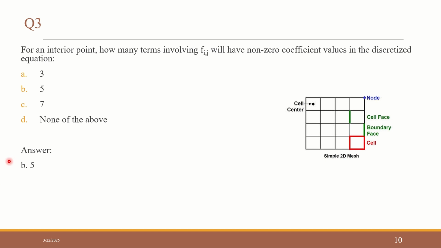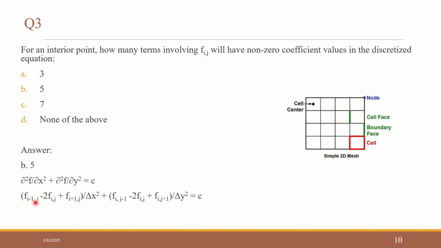5 is the answer. How? Our equation is del square f by del x square plus del square f by del y square equal to C. We are discretizing using the central difference scheme and we get f at i minus 1 comma j minus 2 times f at i comma j plus f at i plus 1 comma j, divided by delta x square, plus f at i comma j minus 1 minus 2 times f at i comma j plus f at i comma j plus 1, divided by delta y square.